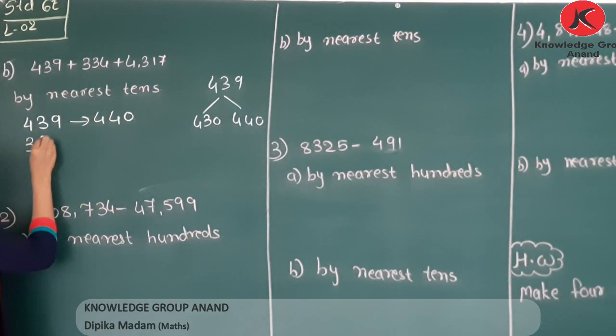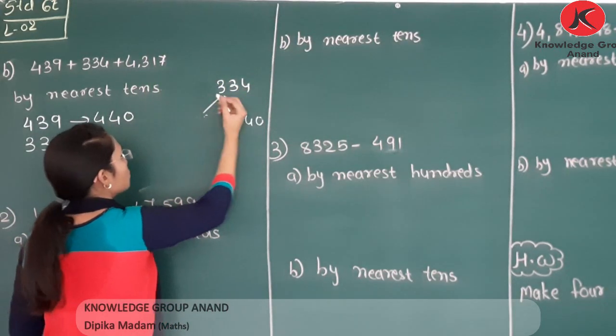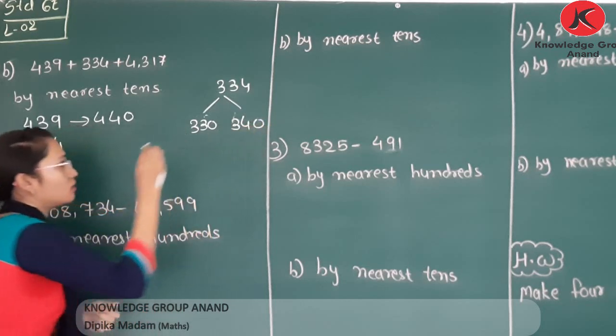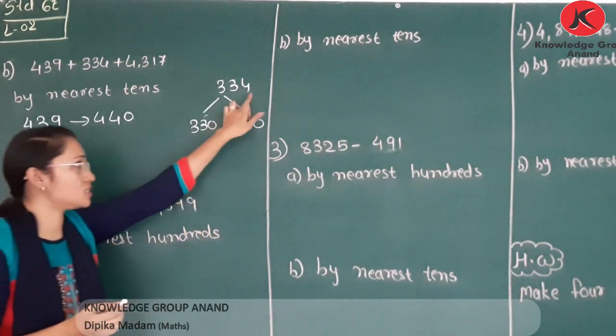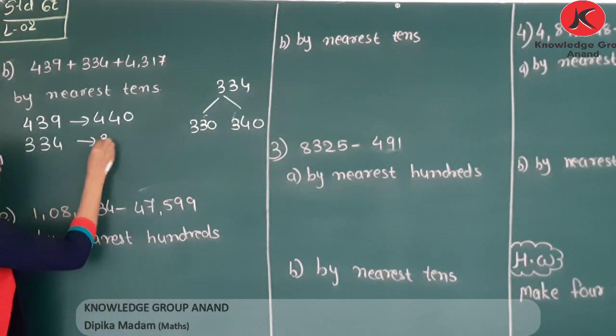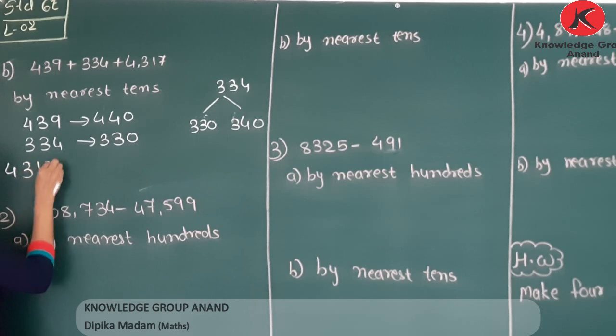Now 334. It is between which two values? 330 or 340. What is the nearest value? The last digit is 4, so it is 330. Next one, 4317.